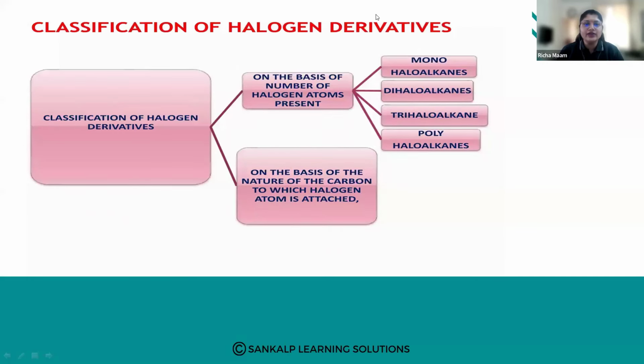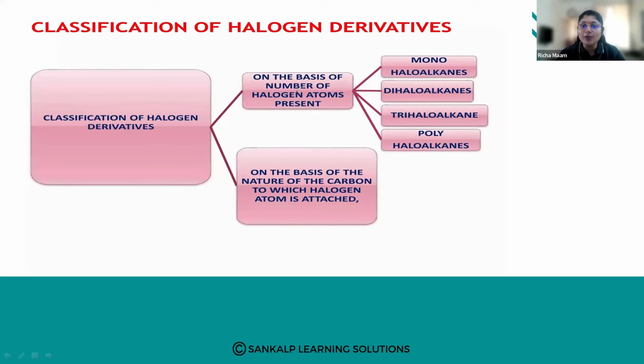Next we are going to start with the classification of halogen derivatives. The first classification is based on the number of halogen atoms present, since any number of hydrogen atoms can be replaced.